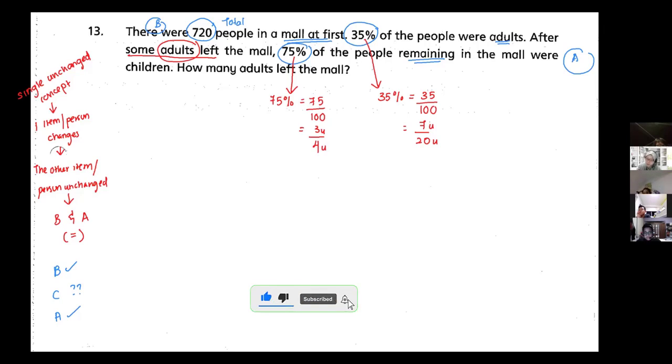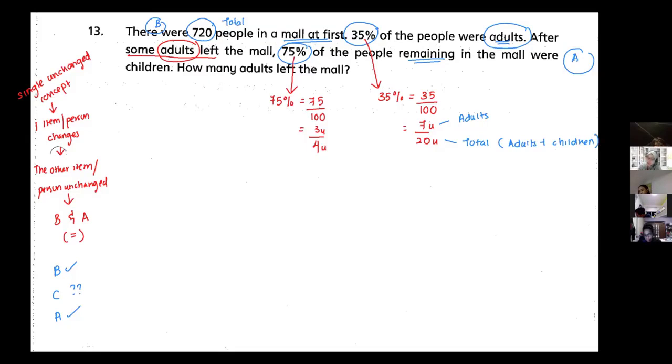Let's start with the 35%. 35% of the people were adults. So I know that my 7 units here is my adults. Correct? So my 20 units here is my total. And my total means adults plus children.